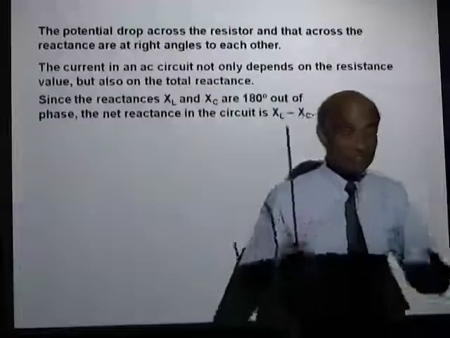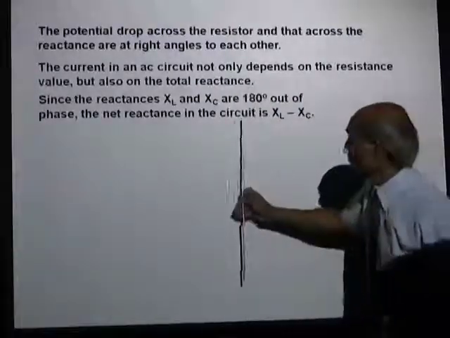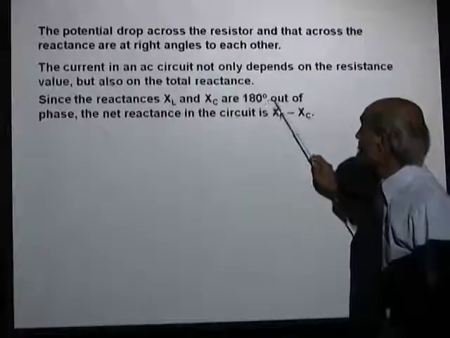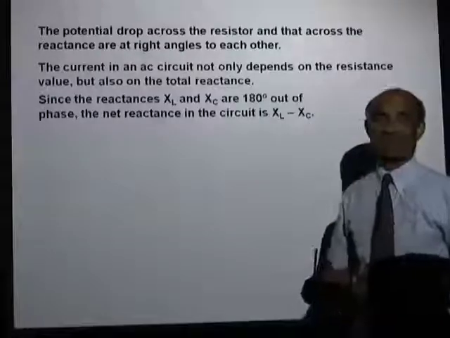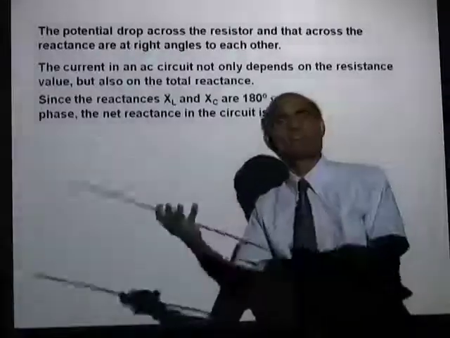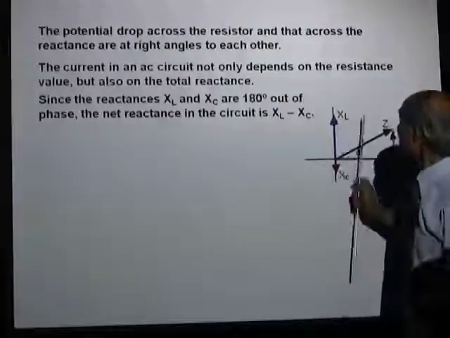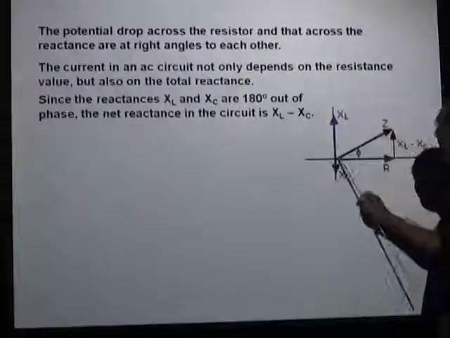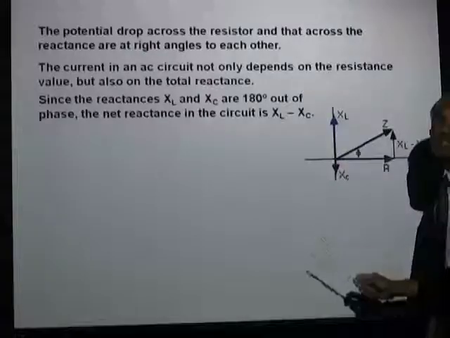So there is a phase difference between XL and XC of 180 degrees. Therefore, when you have the two of them together, because if one is upward, the other is downward, the net reactance will be XL minus XC. Well, either XL minus XC or XC minus XL, it doesn't matter. So here, if this is XL, this is XC, and this is the resistance, these are the three components in that circuit.